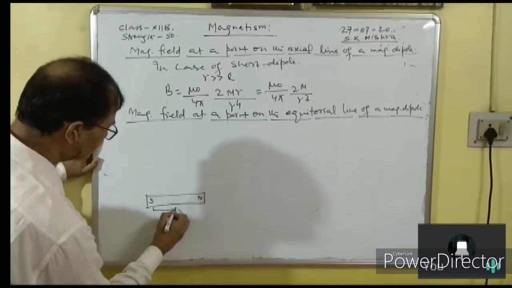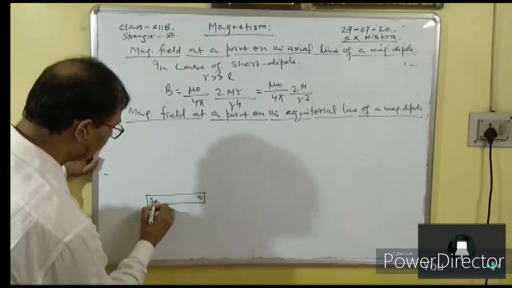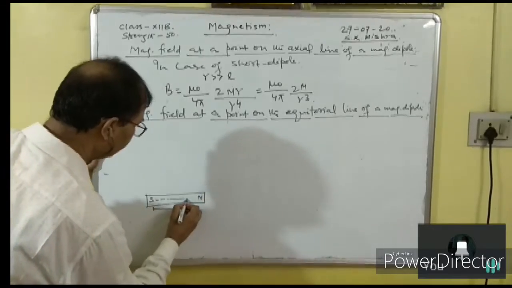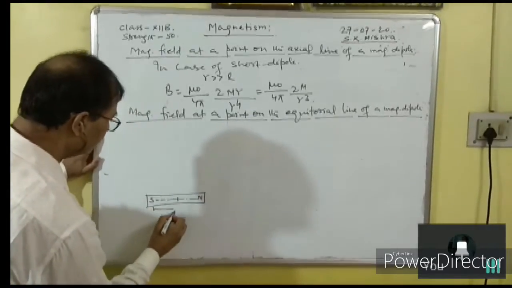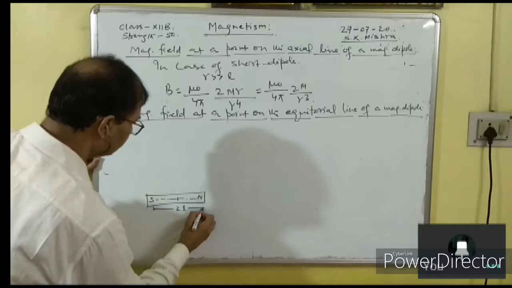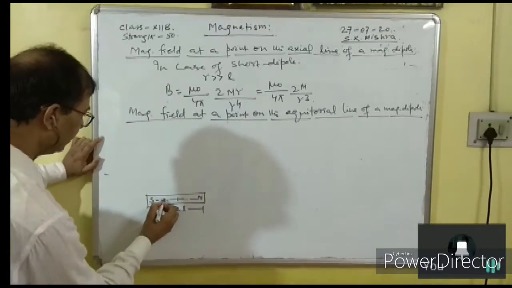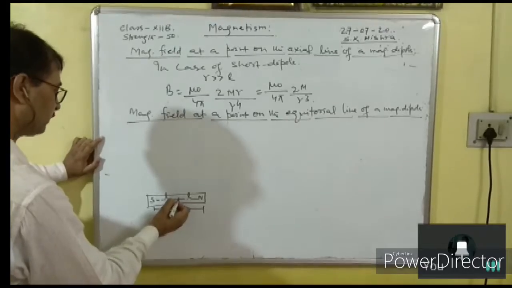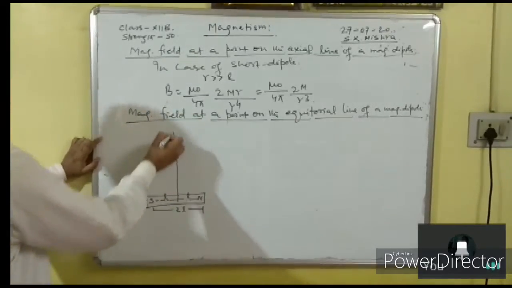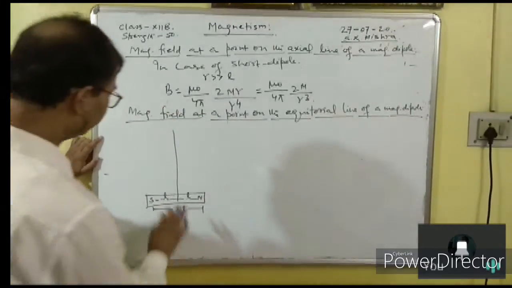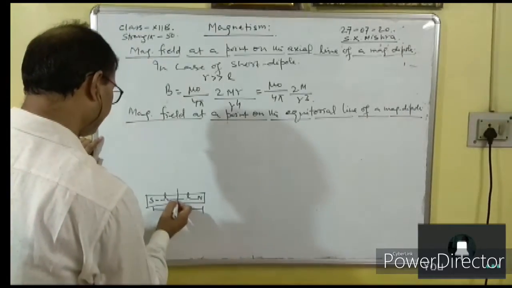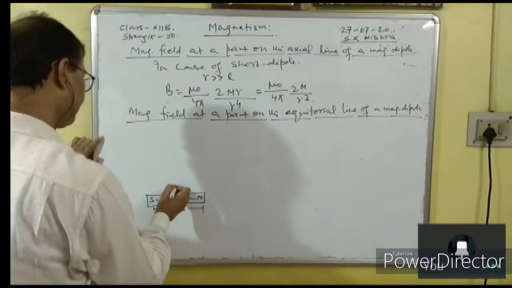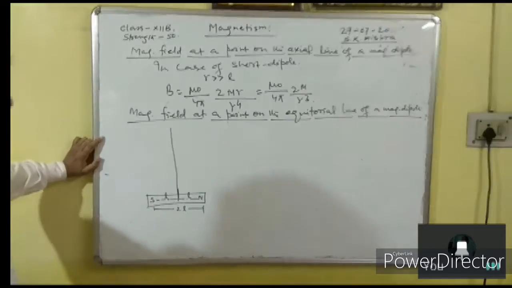Then I can rub this portion. So this part is for short dipole. Writing for small dipole, short dipole.